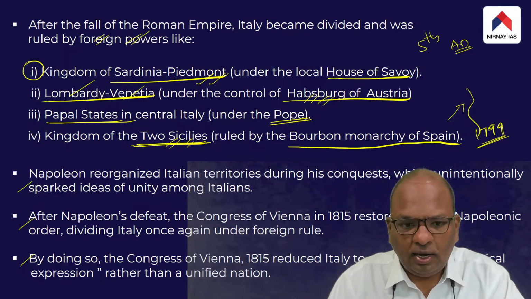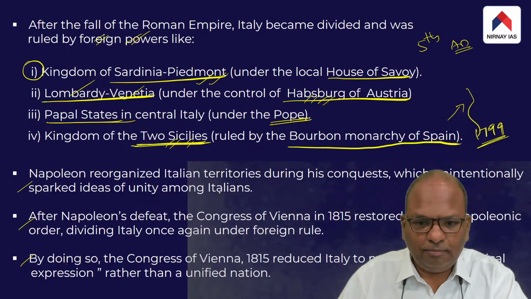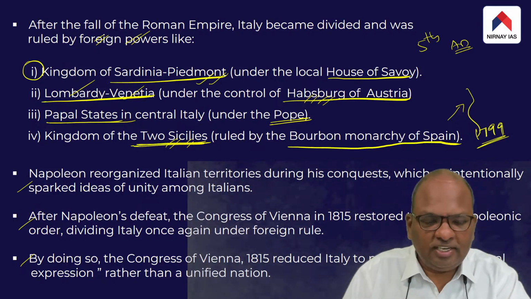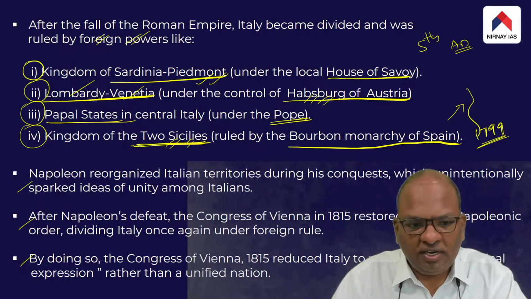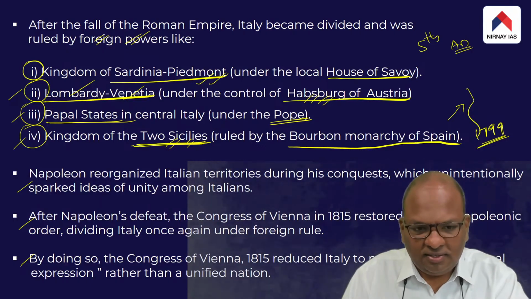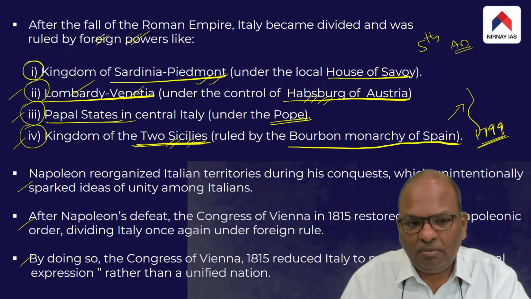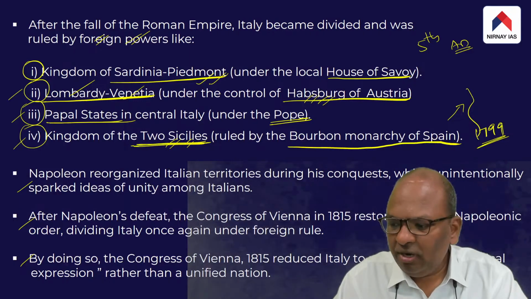It was during Napoleon's time that many invasions were carried out on Italy. When I say Italy, I'm referring to all these Italian speaking territories, be it Lombardy, Venetia, the Papal State, or the two Sicilies. In all of these territories, Napoleon carried out many invasions. These foreign rulers were defeated, and a great part of the Italian speaking territories were brought under the control of Napoleon.